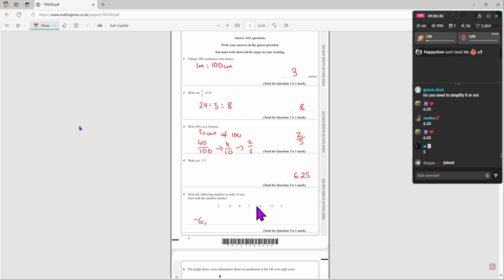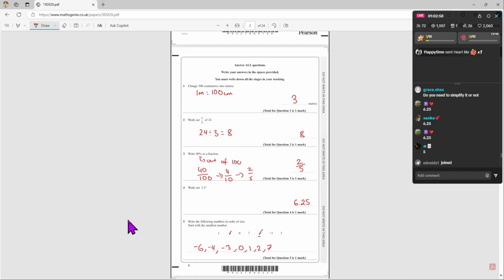And then we have -4 as the second smallest number. Write -4 over here. And then we have -3. And then we have 0, 1, 2, and then 7. That is fairly simple.